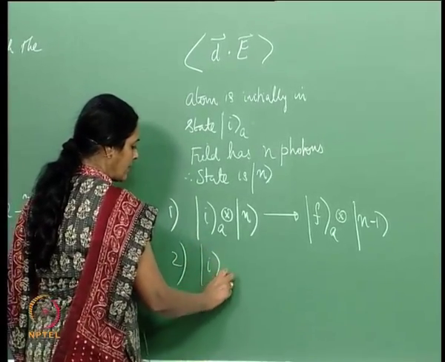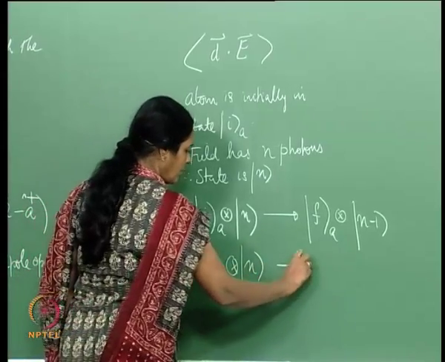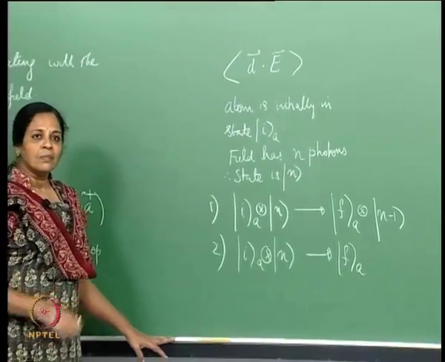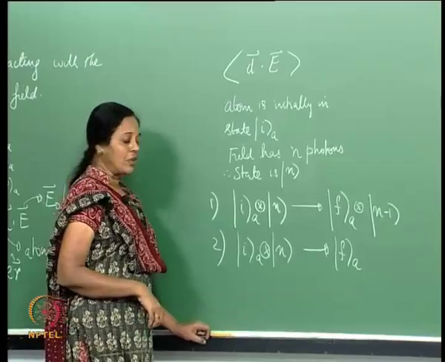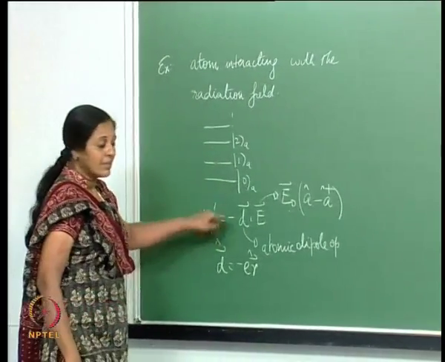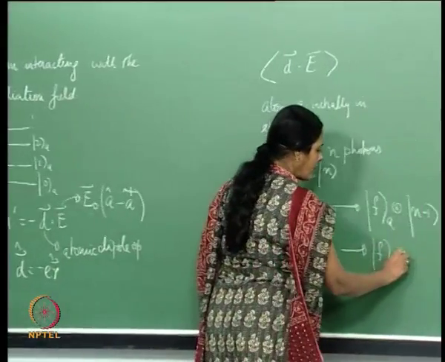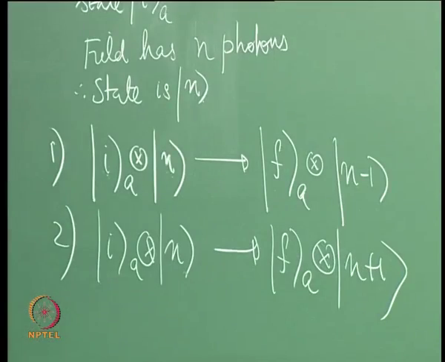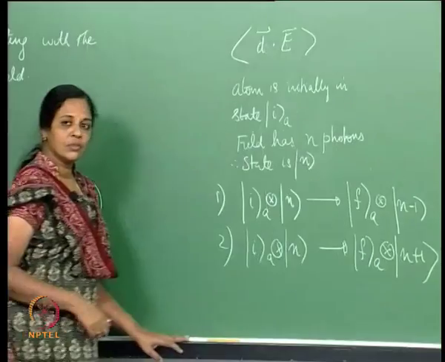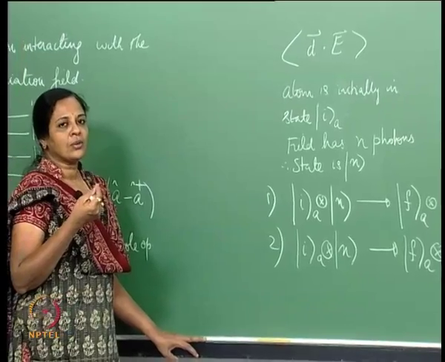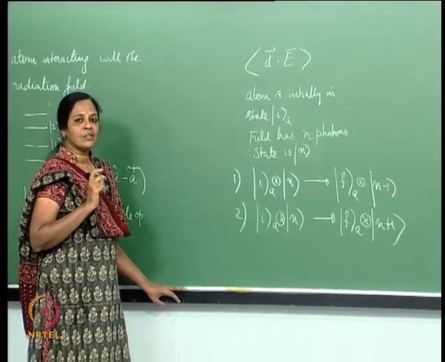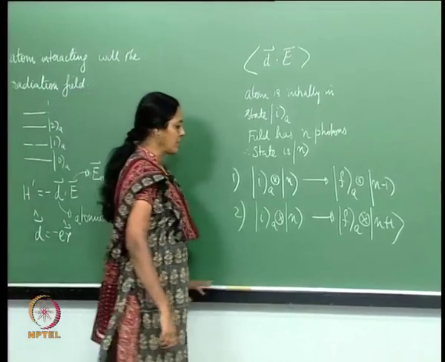The second possibility is where the initial state of the atom becomes the final state F, but that is because the atom emitted a photon and went from a higher state to a lower state. The photon itself gets absorbed by the radiation field, and while I had initially n photons, it now becomes n plus 1. So, these are two possibilities, but I only talk about going from one state to another of the atom by absorption of a single photon or by emission of a single photon.